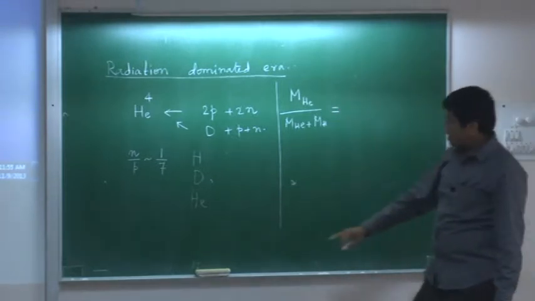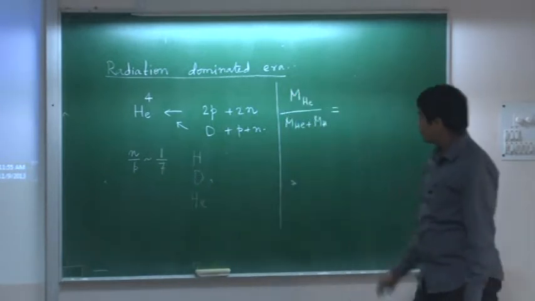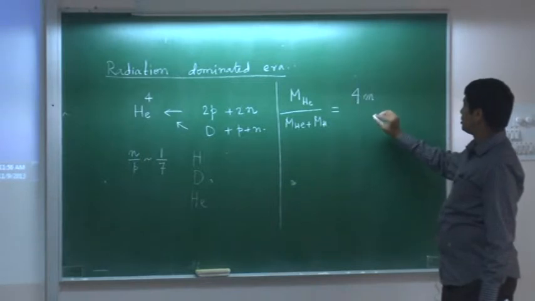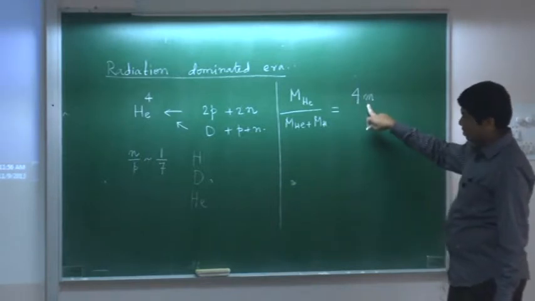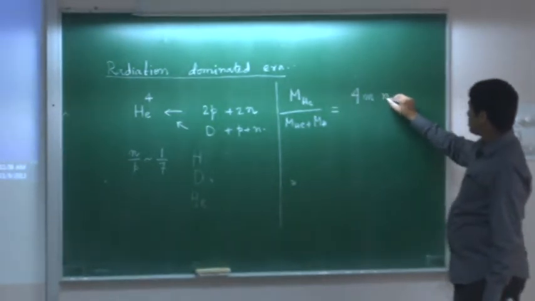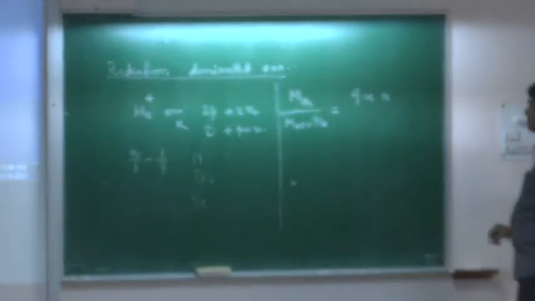You can consider the mass of neutron and mass of proton to be the same. So I can write this is 4 times the mass of whatever neutron or proton, times how many of them? N of them, and n number of helium atoms.